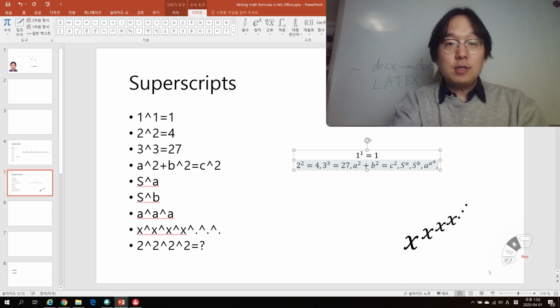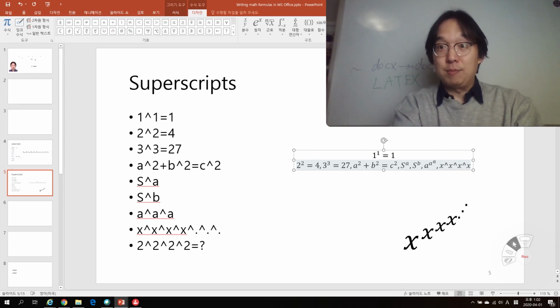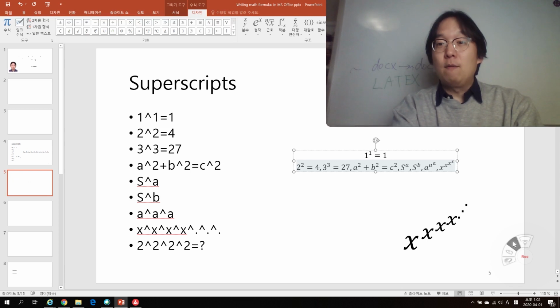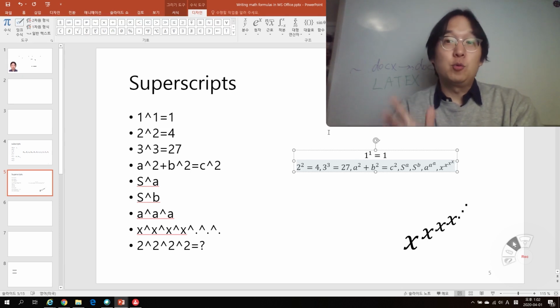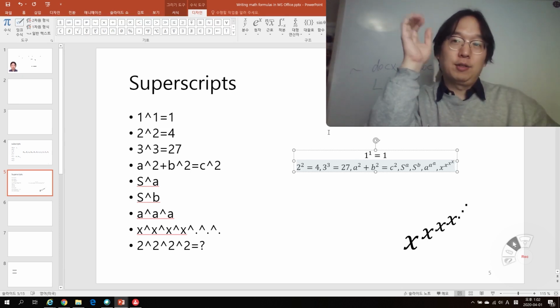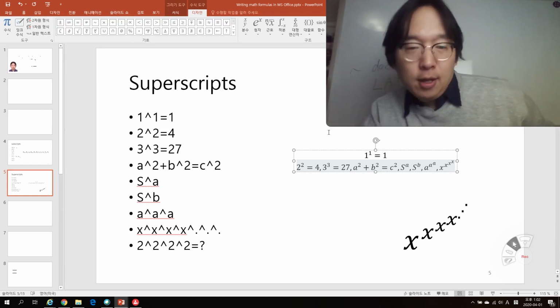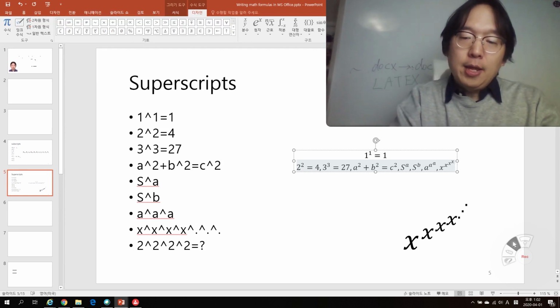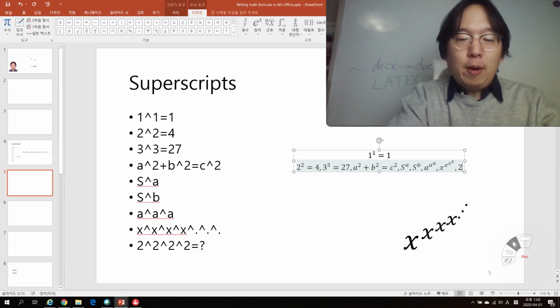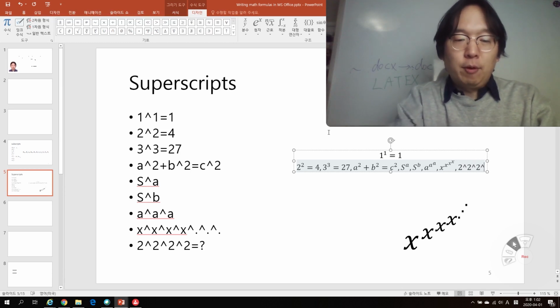Okay, that's fun. How about x to the power of x to the power of x to the power of x, four times? Good. And you can imagine that, right? As I punch in spaces each time, it becomes one after another, each a superscript of the character before. And then 2 to the power of 2 to the power of 2 to the power of 2.